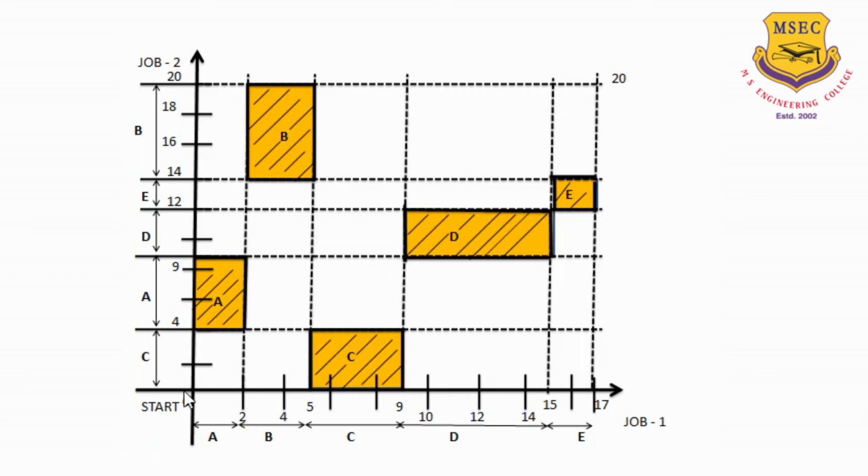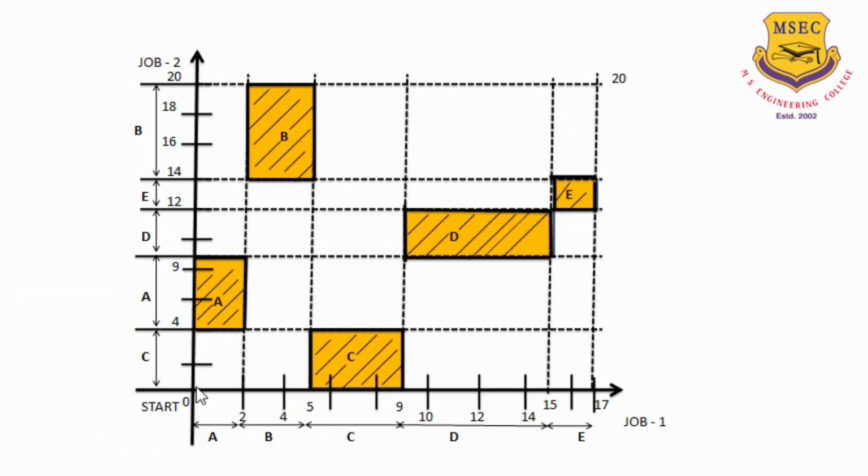Any movement of the line in this direction means the work is getting processed on job 1. A horizontal line indicates that the work is getting processed on job 1. Now if I am writing a vertical line, it means that the work is progressing on job 2.